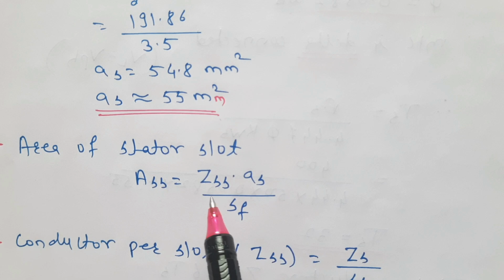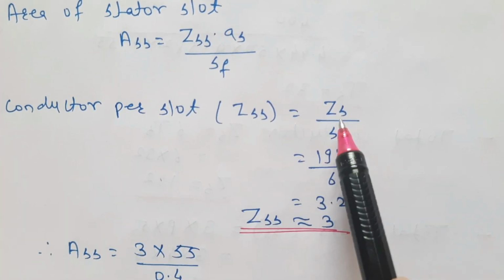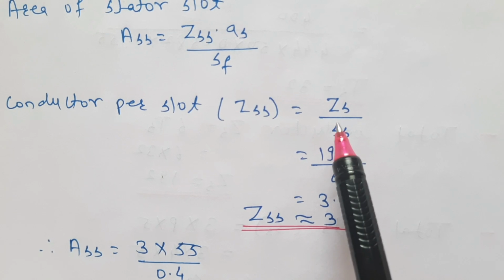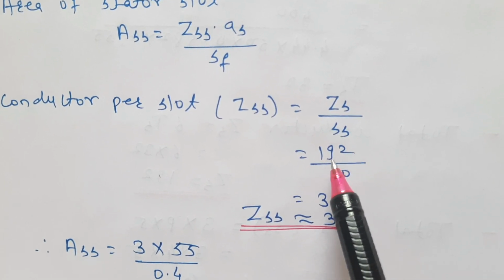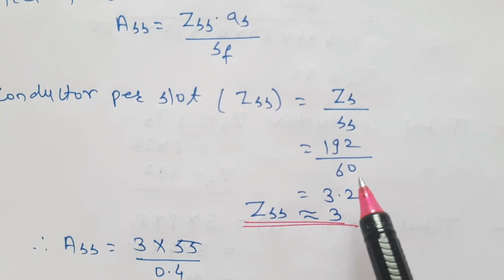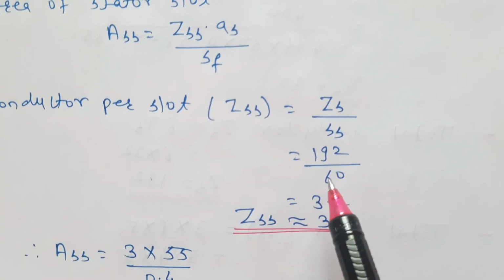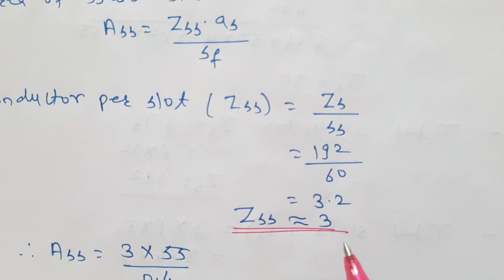Now conductor per slot can be found by using the relation ZSS is equal to ZS divided by SS. ZS we already found, that is 6 into TS, that is 192, divided by number of stator slots, that is 60. From this we get the value of ZSS equal to 3.2, which is approximately 3.